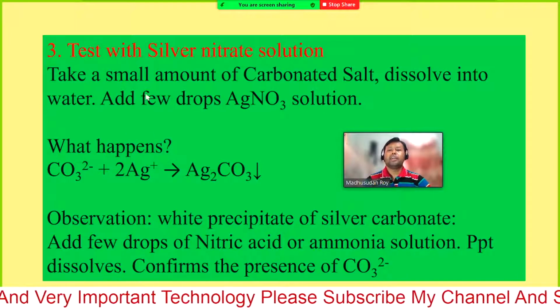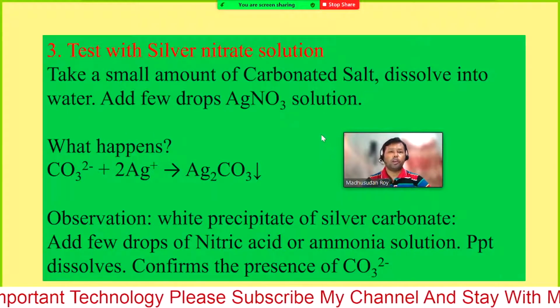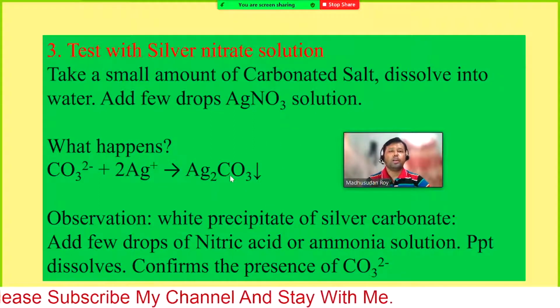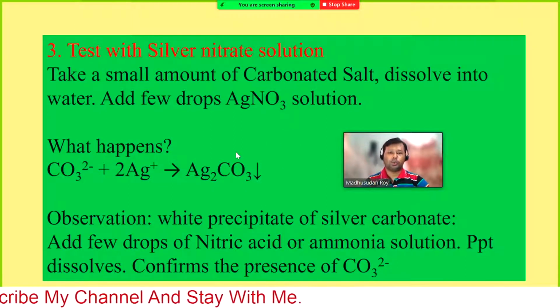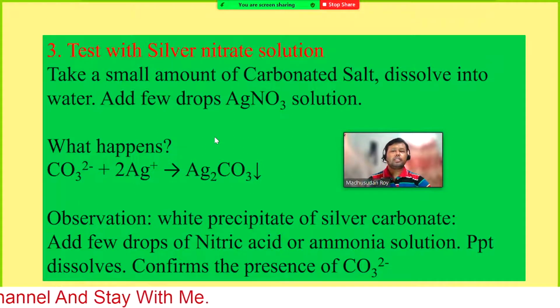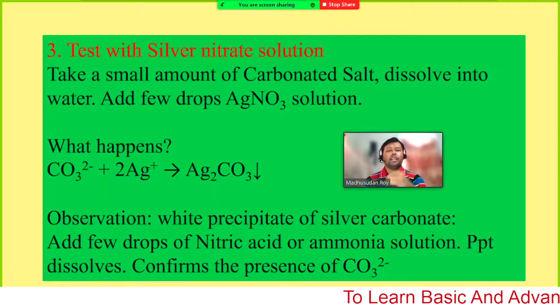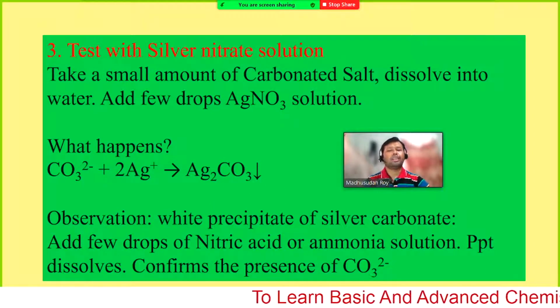So how can we perform the test with silver nitrate for the carbonate salt? Take a small amount of carbonate salt and dissolve it into water, similar to what we did for barium chloride or calcium chloride. Take the salt into a test tube, add distilled water, and shake very well, and you will get a clear solution.